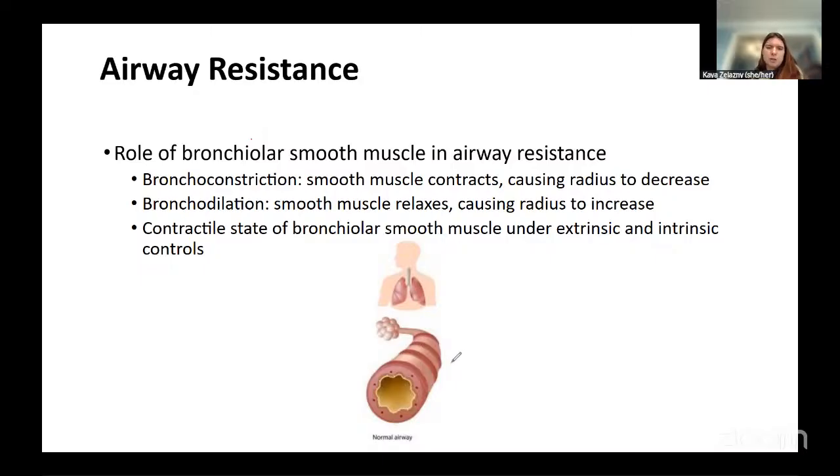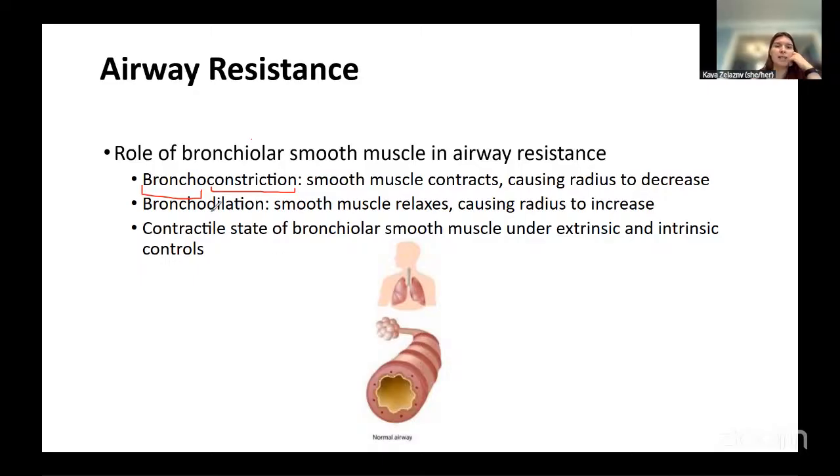So our bronchioles have smooth muscle in the walls. That smooth muscle can contract. If it contracts, that radius is getting smaller. So that's bronchoconstriction, right? So for our vasculature, our blood vessels, we had vasoconstriction. Now we have bronchoconstriction when our smooth muscle in the bronchioles contracts, creating a lower radius and therefore higher resistance, okay?